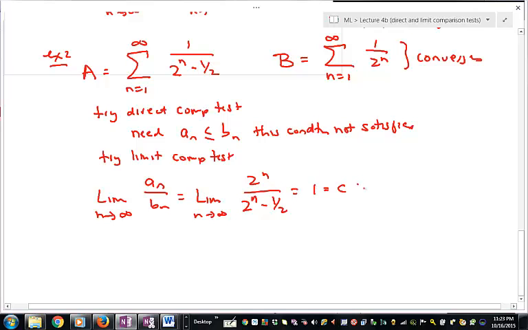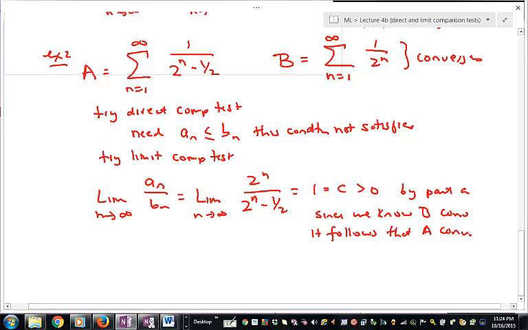This is our c, which is greater than 0. Okay, so again, by part A, since we know that B converges, it follows that A converges also.